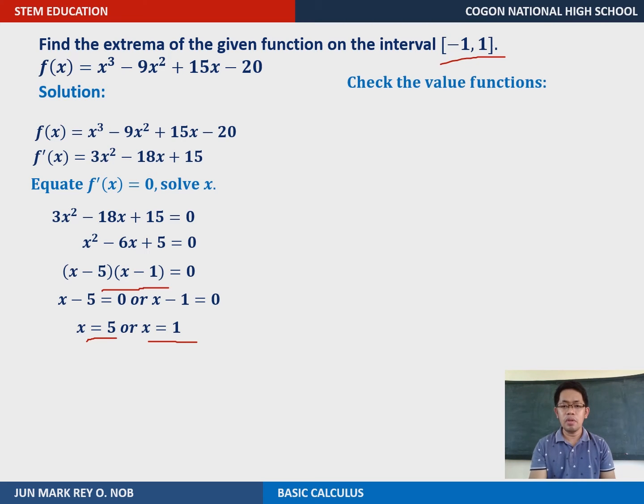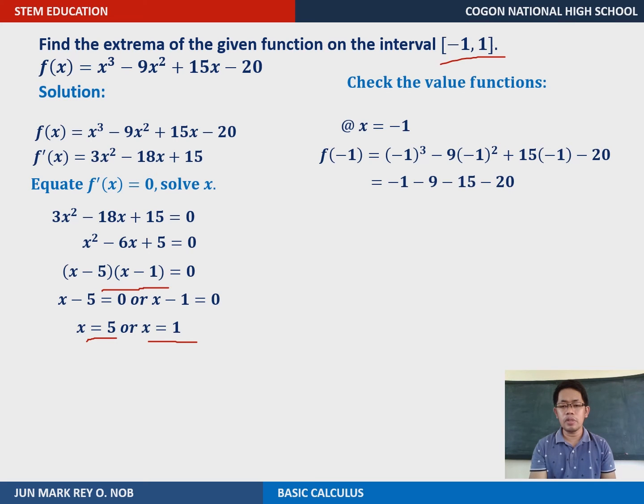So this time we check the value of the function at the endpoints and the critical point. So let's start first with the lower limit of the given interval. At x equal to -1, of course we do evaluation of the function, we solve it, we simplify, and then we come up with f of -1 equal to -45.